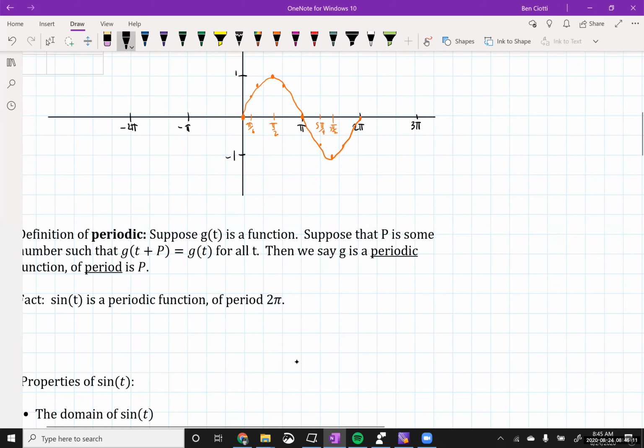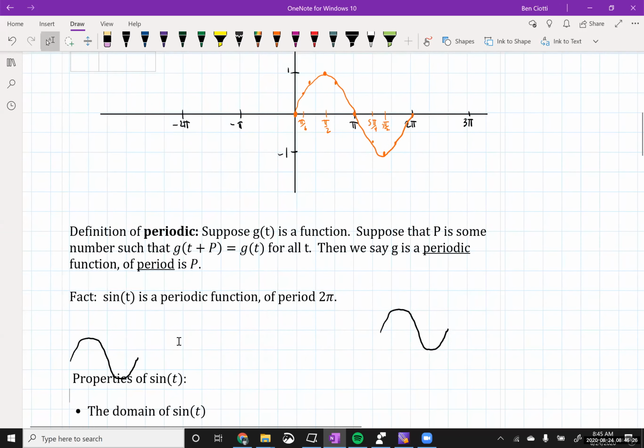Let's say that you've got a periodic function that looks like that. Well, to graph the rest of it, just take rigid copies of the part you already graphed. So the next portion of the graph will look like that.